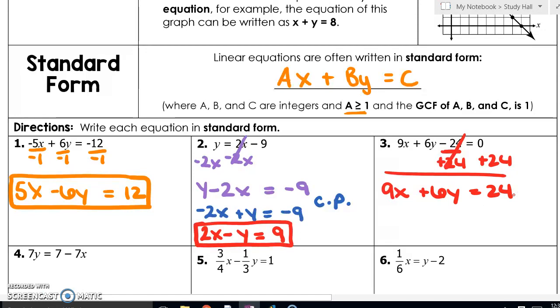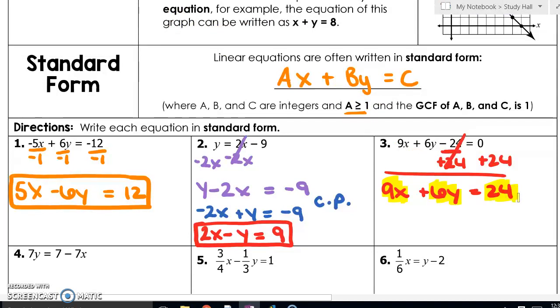Now, if you go back to the description of standard form, it says where a, b, and c are integers, which is true right now, and a is greater than 1, which is also true, and the GCF of a, b, and c is 1. And what they mean by that is that there is no common factor in every term, but the GCF between these 3 terms is not 1.